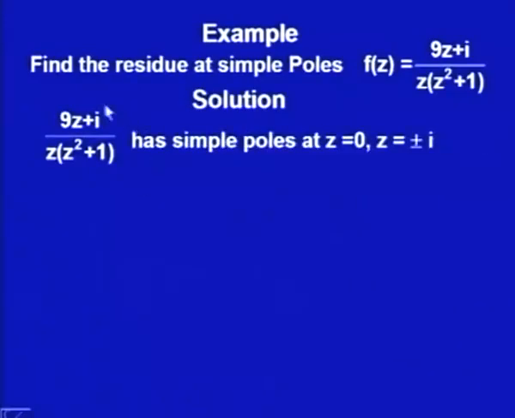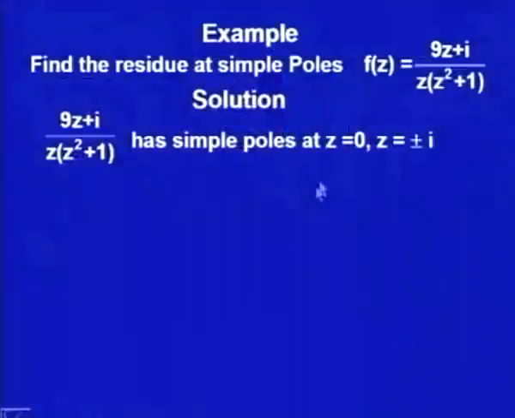What it says is that my function (9z plus i) upon z into (z squared plus 1) will have simple poles at z equal to 0 and plus minus i. So I have used this relationship between the poles and zeros to find the poles. Let us find the residue at all these isolated singular points, that is, at all these simple poles.